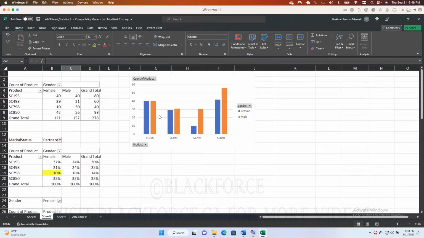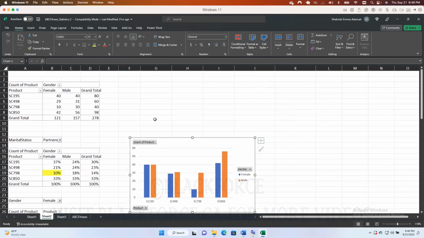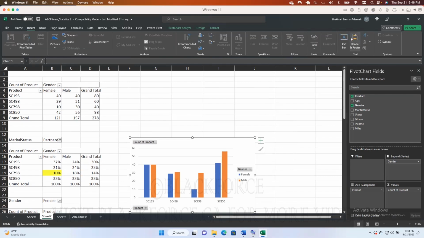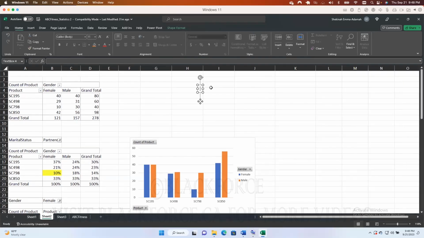So usually, what you would do if you're sharing this with someone at work, if you have this view and you have some insights you've gotten from the views you've done, you can always just insert a text box. This is what I do usually, and put, we can see that among women there's a 5% more preference for this, as shown by women buying the SC 498 50% of the time, whatever.